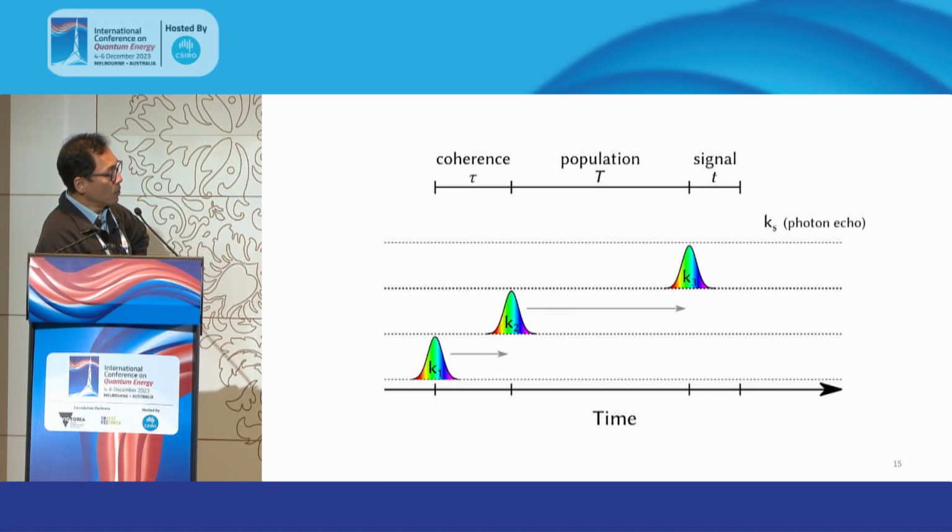So three optical pulses generate a photon echo signal, and that signal is then interfered with our fourth beam. Just like the case of FTIR, you have a reference beam, and in the end, you end up with signals that you can Fourier transform to get two-dimensional spectra.